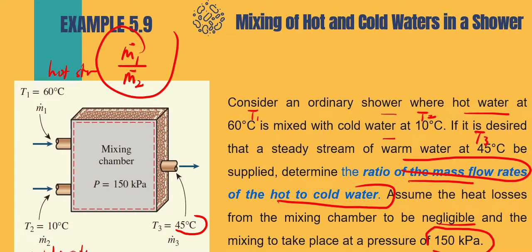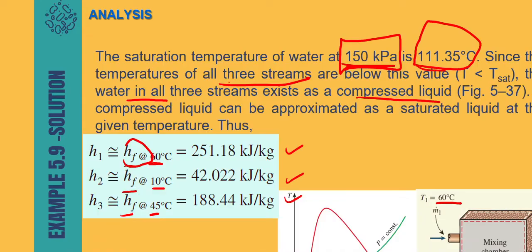You only need to find the ratio of mass flow rate. Any questions? That's what I highlighted and stressed just now. You need to memorize the general energy balance equation, and then you need to know the working principle of the engineering devices, and you also need to know the change of state from state 1, state 2, state 3.